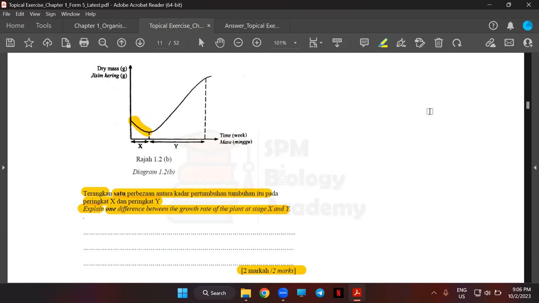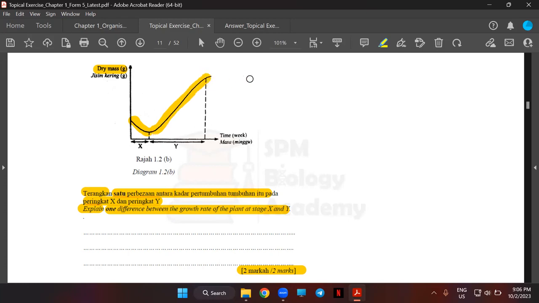Maksudnya, X menunjukkan negative growth, iaitu dry mass dia berkurang. We call that negative growth lah. Kita panggil negative growth. Maknanya growth rate decrease. Kadar pertumbuhan menurun. Y pula menunjukkan kadar pertumbuhan dia meningkat, increase.